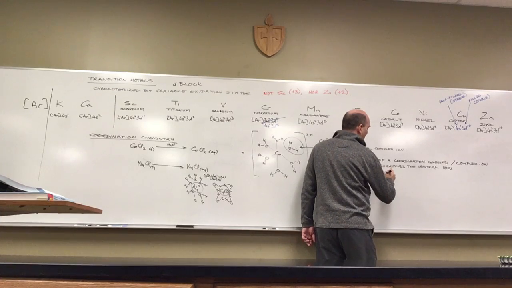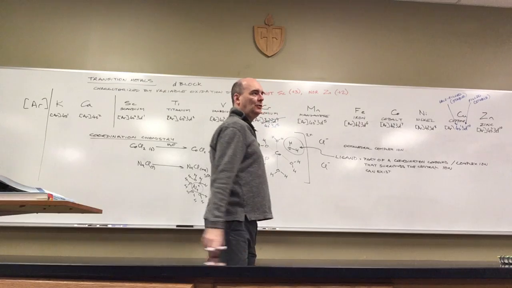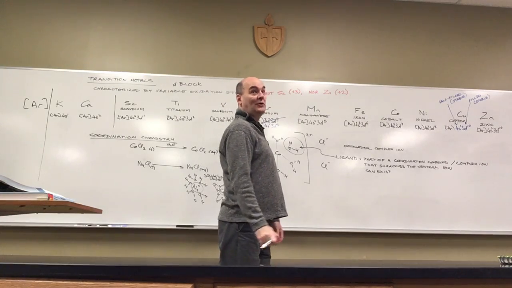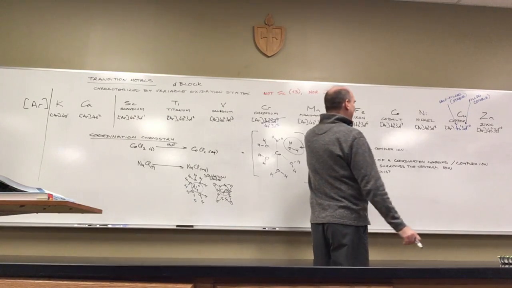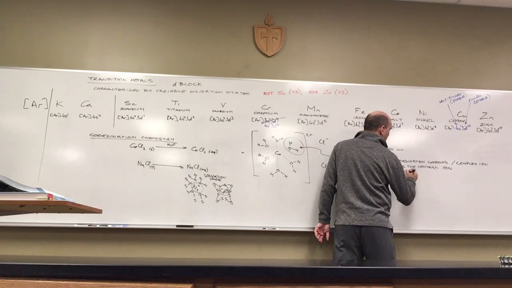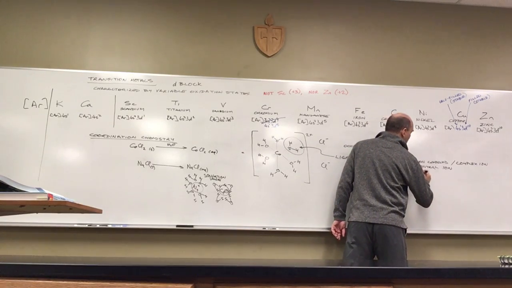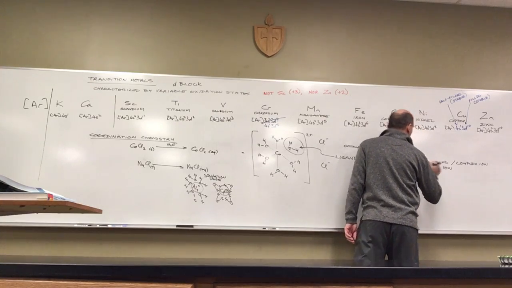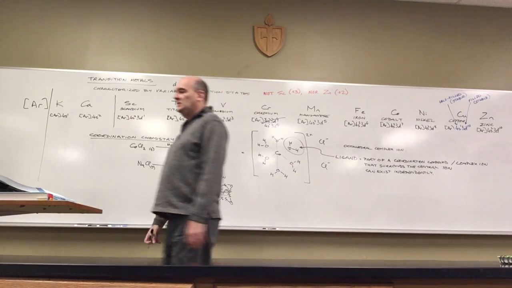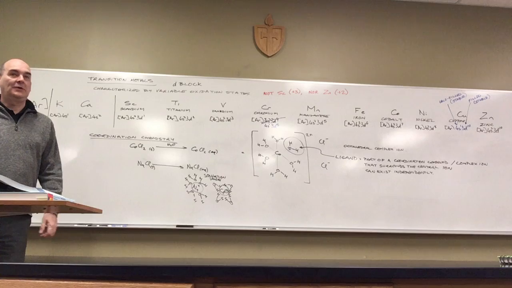And it's different than a counter ion, a chloride or a bromide or a hydroxide, in that it exists in its own right. It can exist independently. Okay. Well, they all do it.